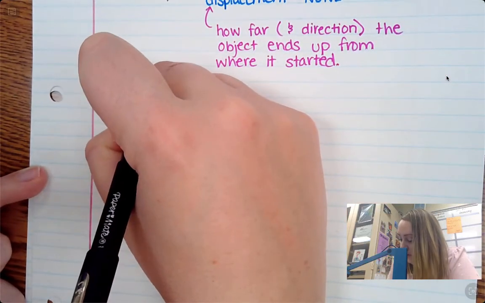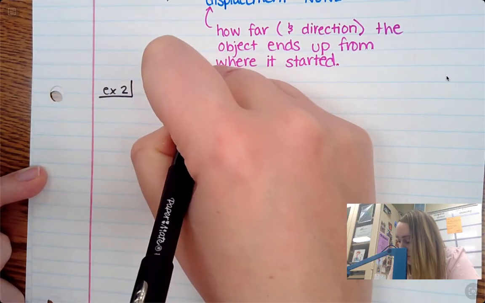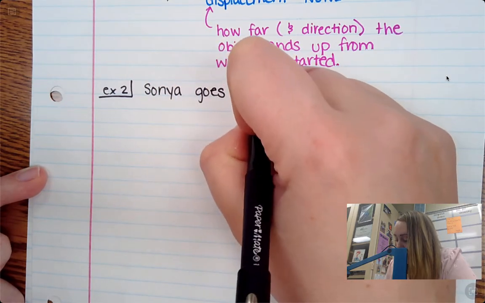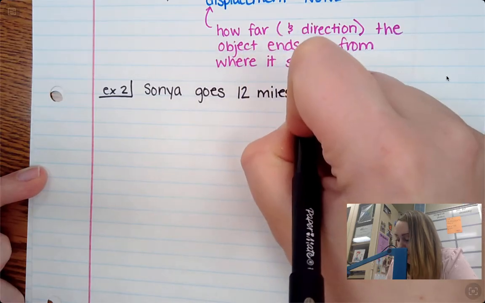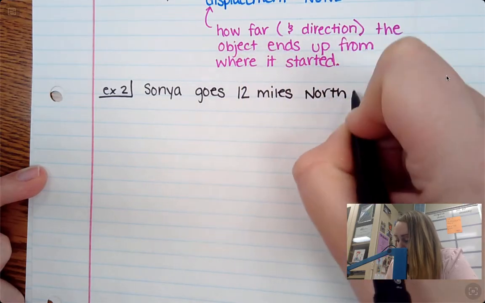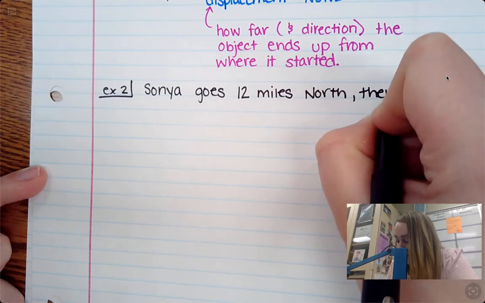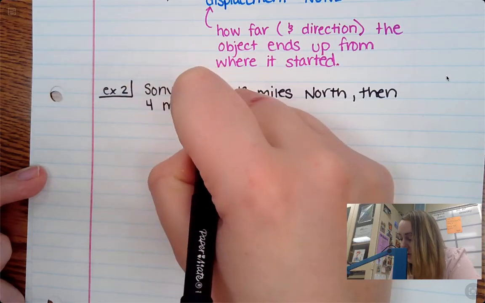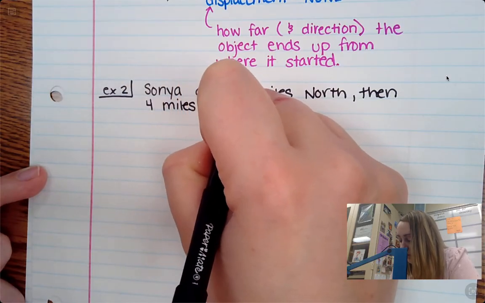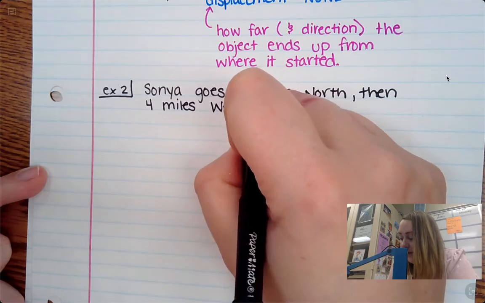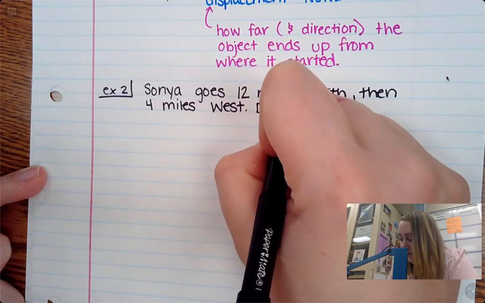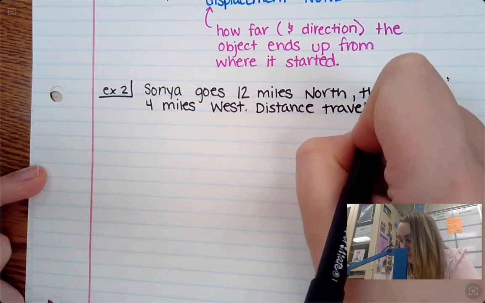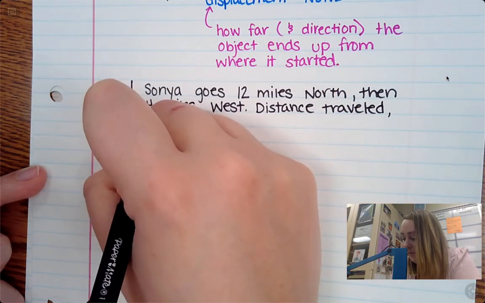All right, Sonia goes 12 miles north, then 4 miles west. You need to find distance traveled and displacement.